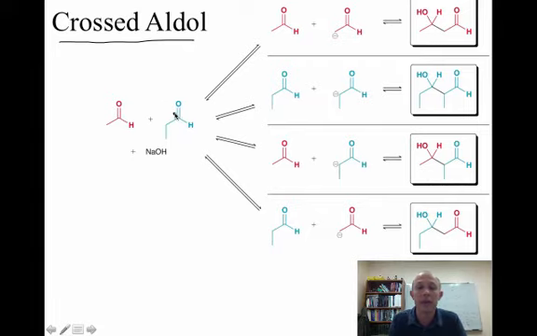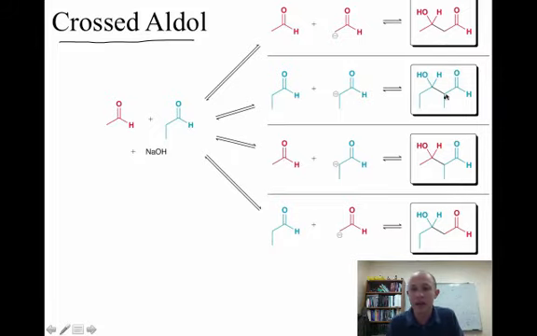The problem is that there's 4 different aldol products, right? Because you can have the 2-carbon aldehyde as the nucleophile and the electrophile. You can have the 3-carbon aldehyde as the nucleophile and the electrophile, or you can have other combinations where you have 3-carbon nucleophile, 2-carbon electrophile, or 2-carbon nucleophile, 3-carbon electrophile.